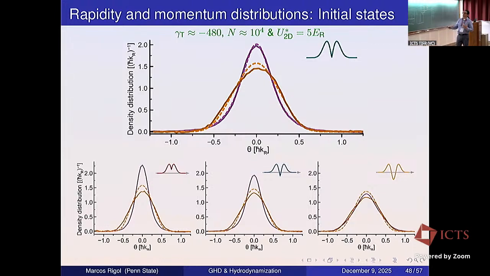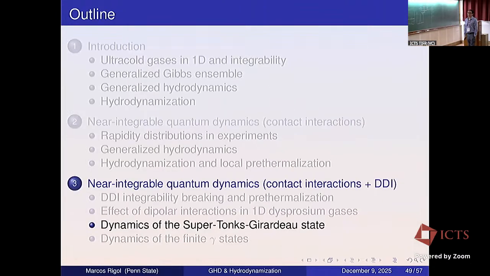In this regime of the scar state, we can get the rapidities, but we don't know what the momentum distribution functions are. As a matter of fact, with Jerome, we are thinking about developing a way to describe the momentum distribution function of these states. That's why in this regime there are no momentum distribution functions from the theory, okay? Good. So now we can do dynamics, yes.